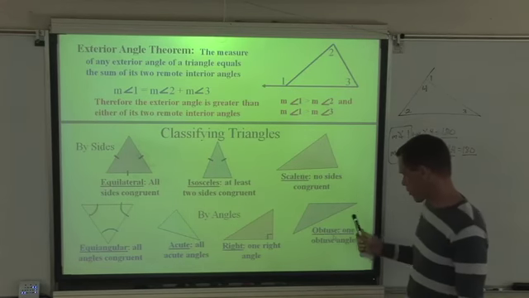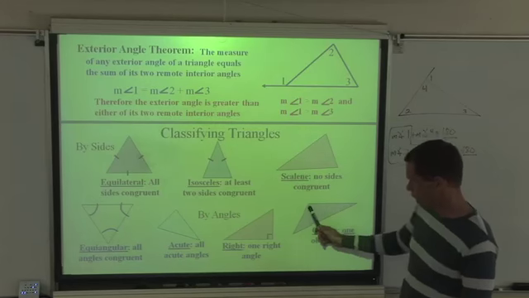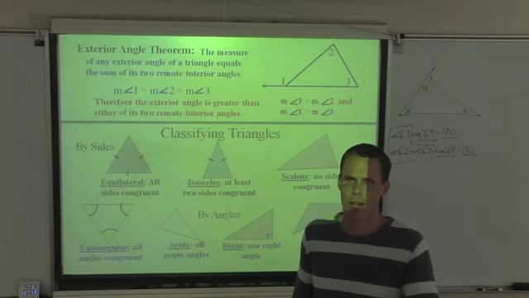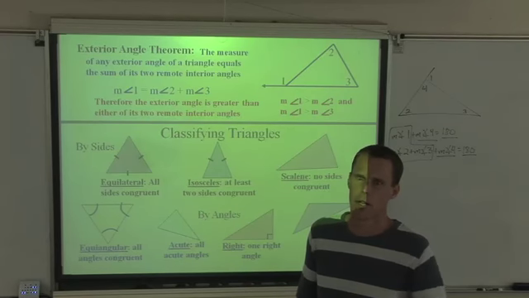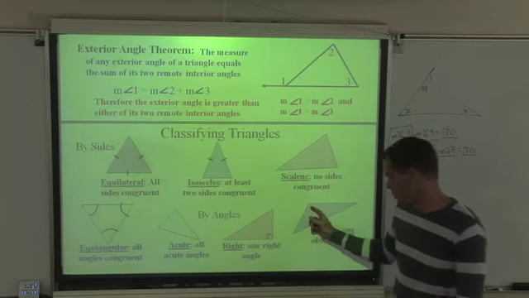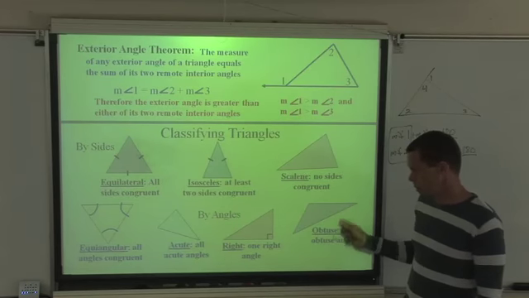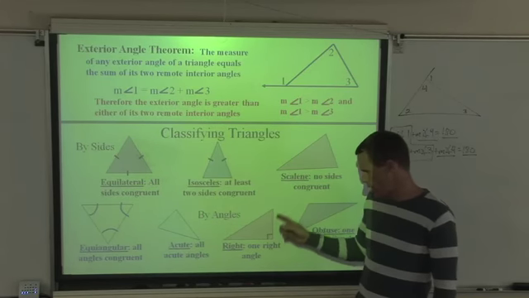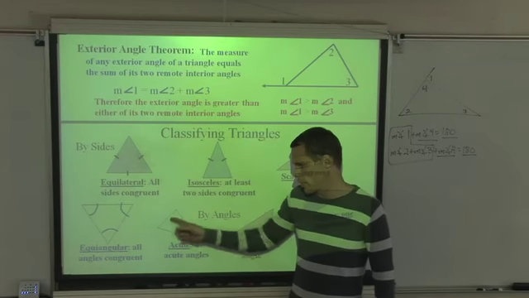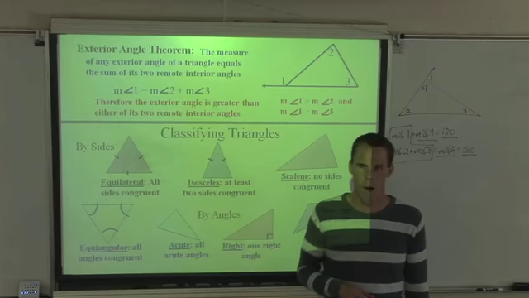Finally, we have an obtuse triangle, which has one obtuse angle. It can't have two. Two angles greater than 90 would add up to greater than 180, and we wouldn't have a triangle. So one obtuse angle, two acute, obtuse. One right, two acute, right triangle. Three acute, acute triangle.